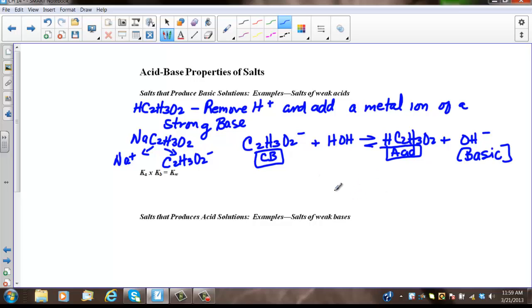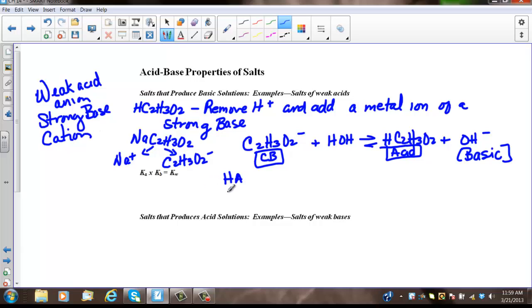So what happened is, in order to form a basic solution, a salt that produces a basic solution, you're going to need a weak acid anion with a strong base cation. And remember that HA is always the generic form of our acid, and its partner is going to be A minus, which is base.